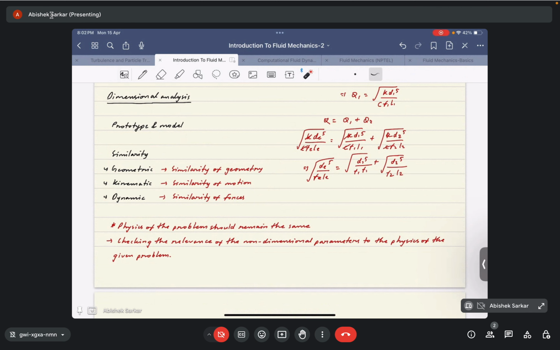So in the case of flow over a flat plate, funny enough, I got a very elegant example to tell. This kind of flow is a boundary layer.